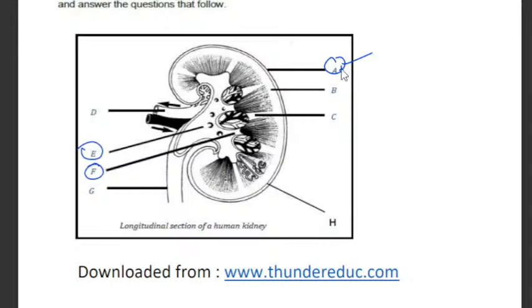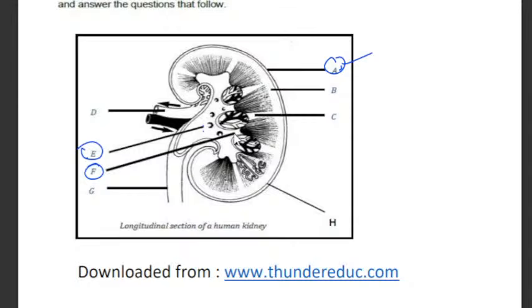We answered it at the beginning. Part E, how do you call that? This space is the pelvis. Yes. And then part F. What is part F?